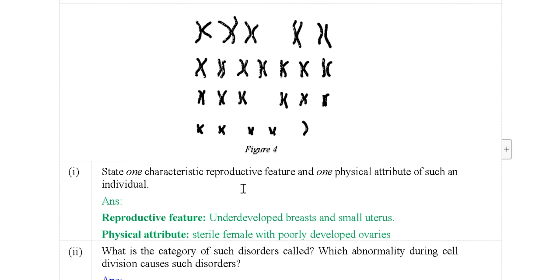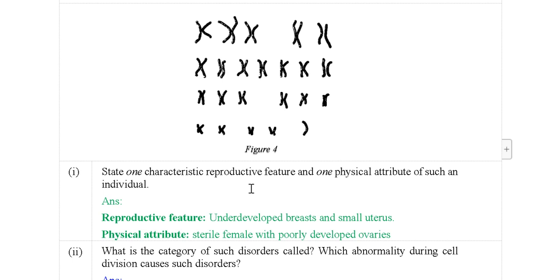So in this case, when we get such chromosomal abnormalities, where one sex chromosome is absent, it indicates monosomy of the X or sex chromosome, mainly the X chromosome. So what kind of reproductive feature can we characterize there?